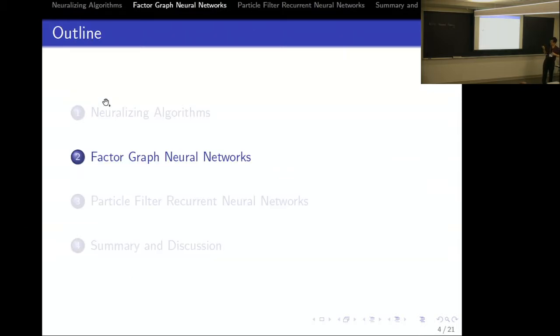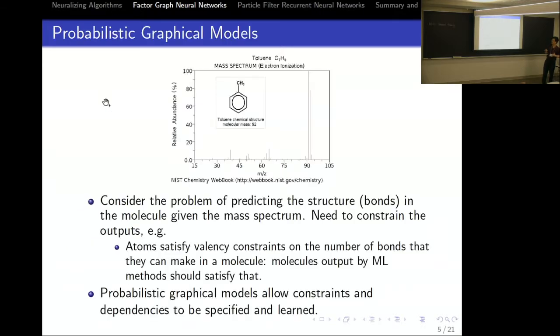It's very much related to what Prof. Zhu just talked about, hypergraphs or factor graphs. Very quickly, as a motivating example, let's say I'm given the mass spectrum of a molecule, and I want to identify the bonds in the molecule, between every two atoms, whether there's no bond, a single bond, double bond, triple bond, and so on.